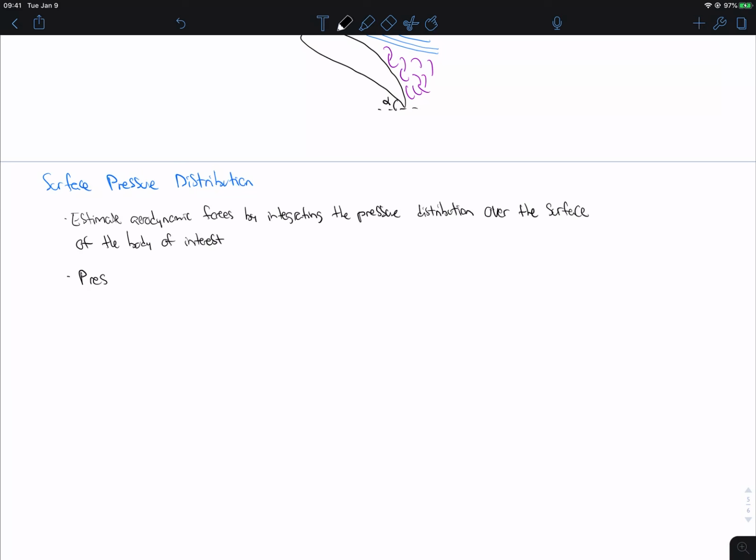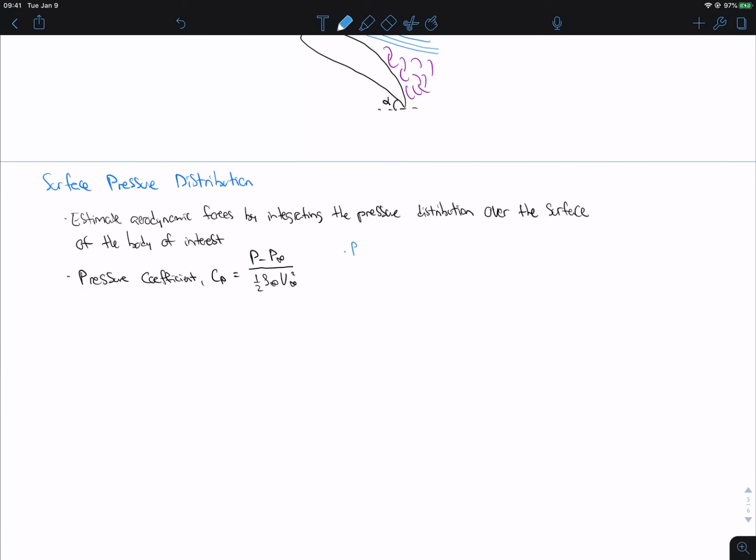Okay, so the pressure coefficient, Cp, will be equal to the pressure at some point, the static pressure, minus the free stream pressure, over 1/2 rho infinity V infinity squared.